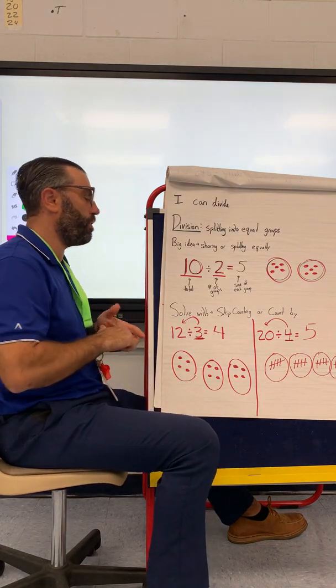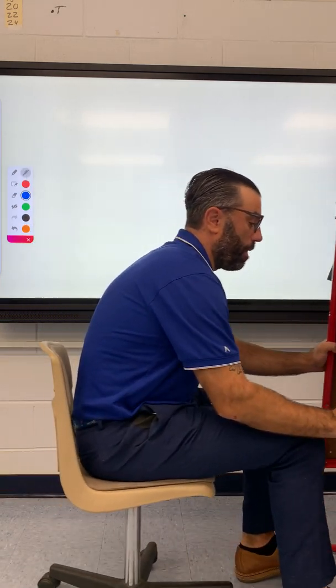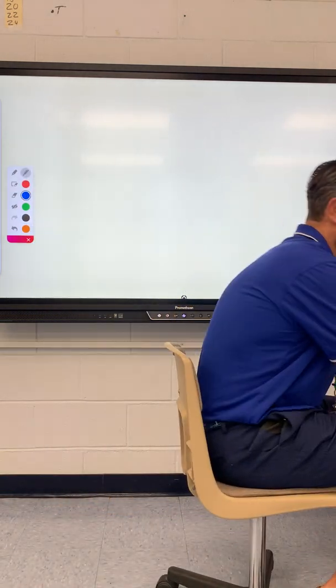For now, our first skip counts that we're working on are 2s. So your goal this week: learn your 2s and your 5s by heart. You want to count by 2s to 24, you want to count by 5s to 60, and this will make your life so much easier. You should really be practicing counting.